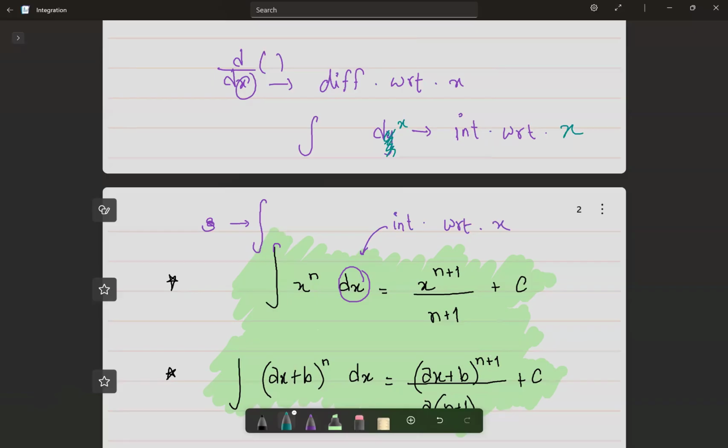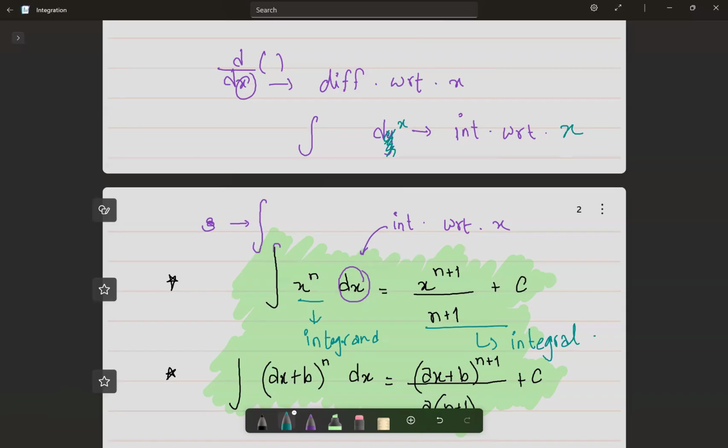Now see that this here is called the integrand. Whatever you're integrating is called the integrand. And the result of integration is called the integral.